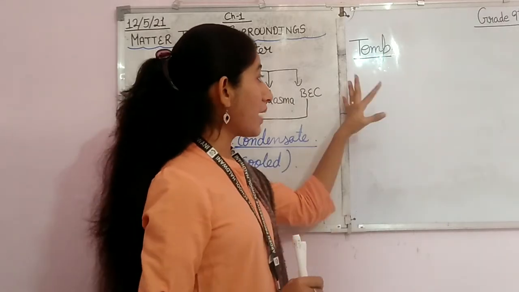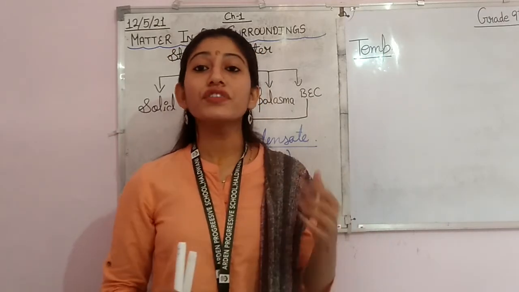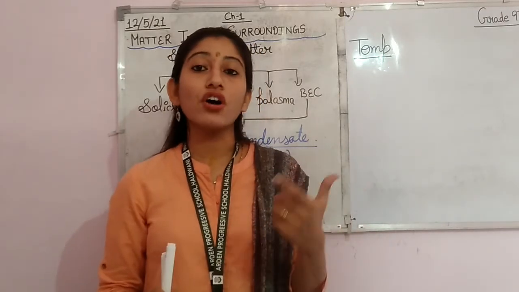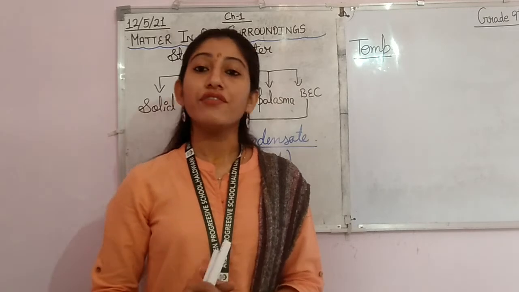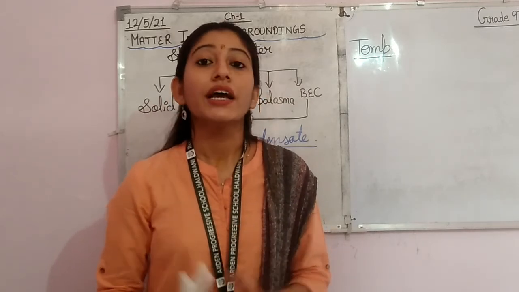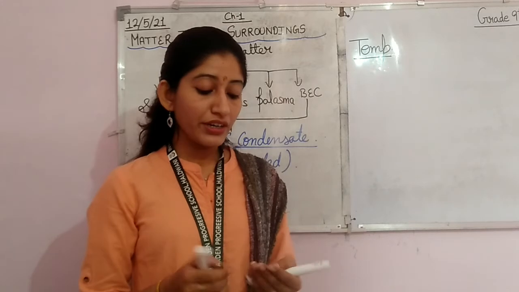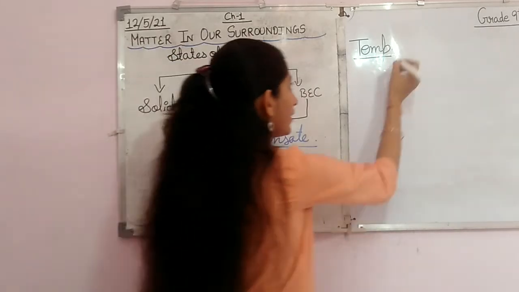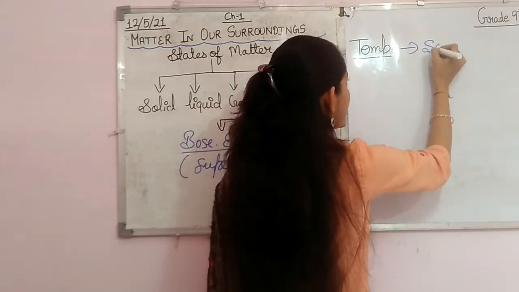So first of all, temperature means the measurement of the coldness or the hotness of a particular body, and we can measure temperature with the help of the thermometer. Now, when we talk about different scales, because when we have to measure temperature, we need a scale.